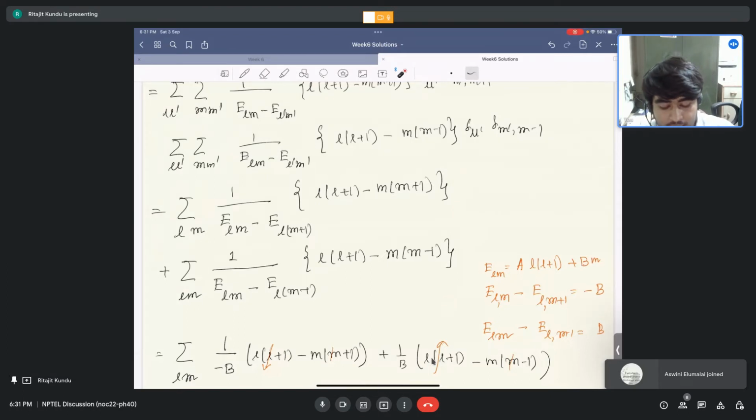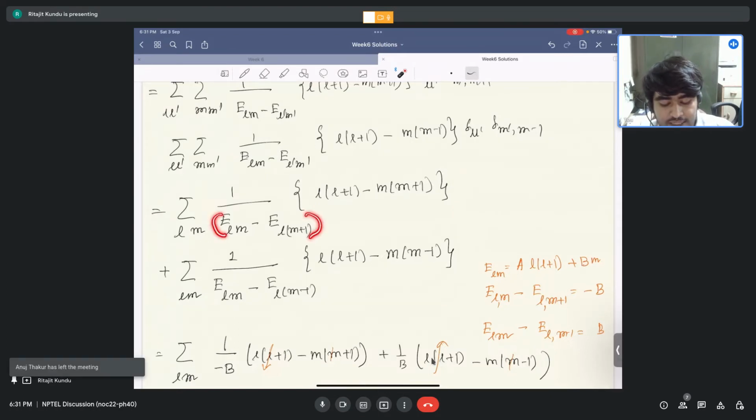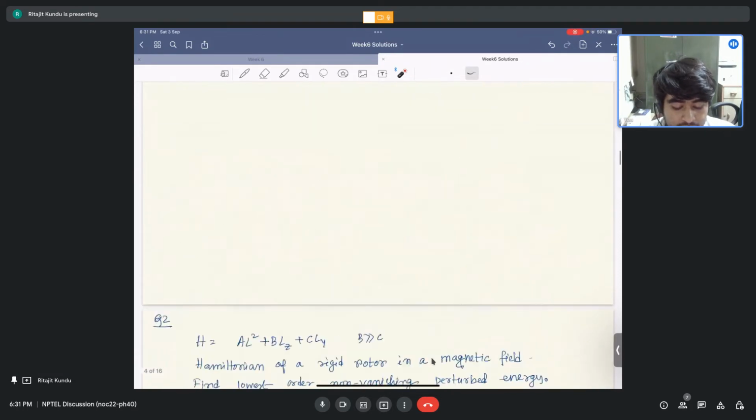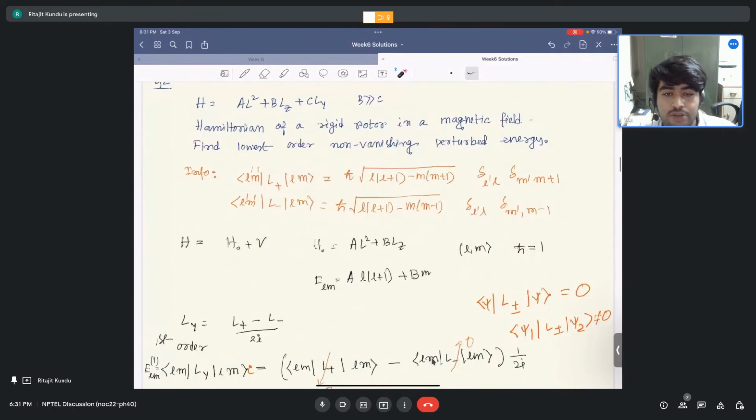You see that on the denominator there is E_Lm and E_Lm plus 1, so let me show you how to calculate the eigenvalues of this H naught. We know that all of the eigenstates are |L, M>. When L square acts on |L, M>, that gives you h bar square L into L plus 1 times |L, M>, right?